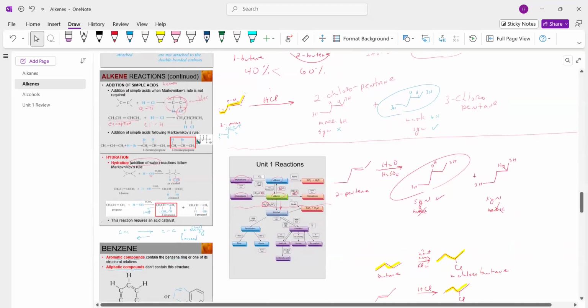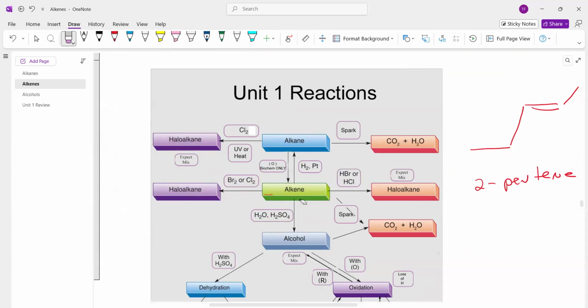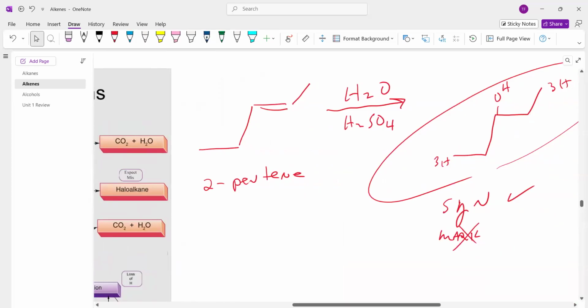In fact, let's talk about this flow chart some more. Okay, the flow chart has arrows in it. The arrows refer to these arrows.